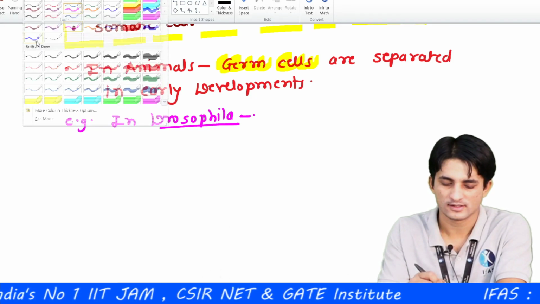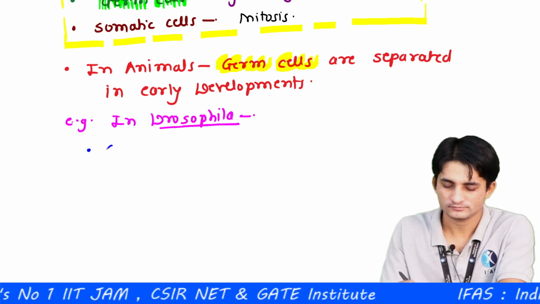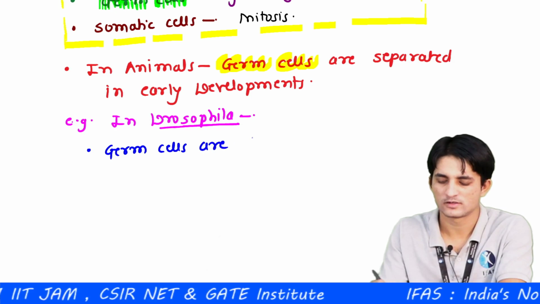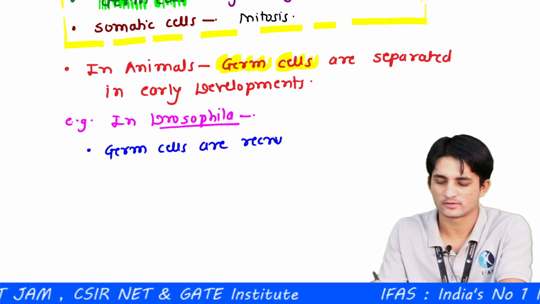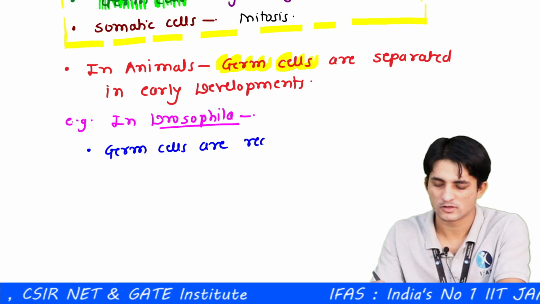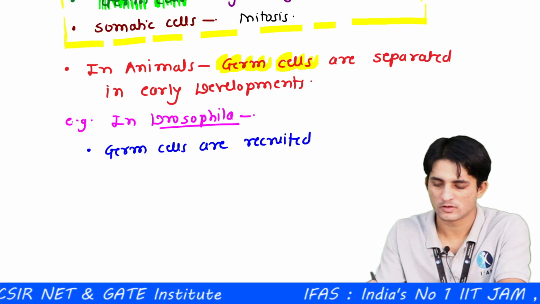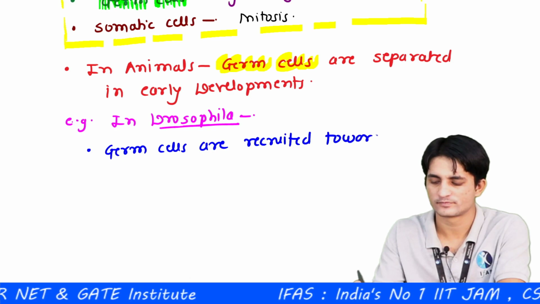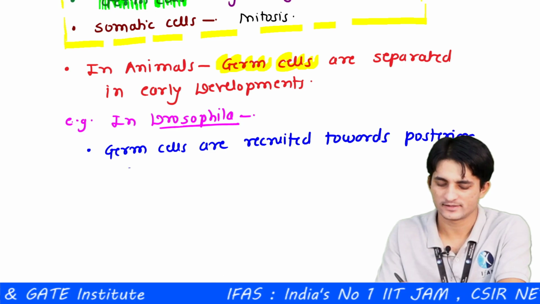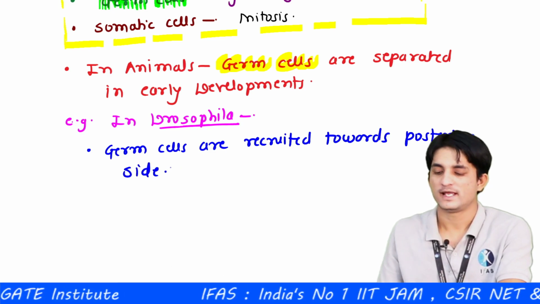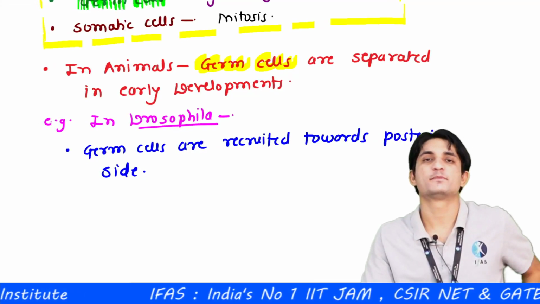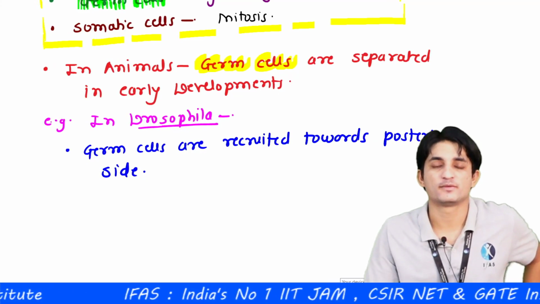So here the germ cells are recruited towards the posterior side. And in germ cell recruitment, the major role is played by some RNA binding proteins.